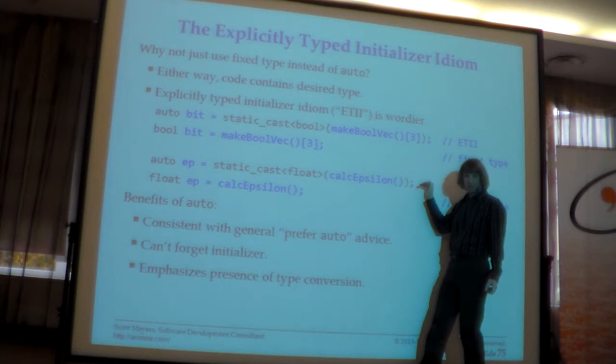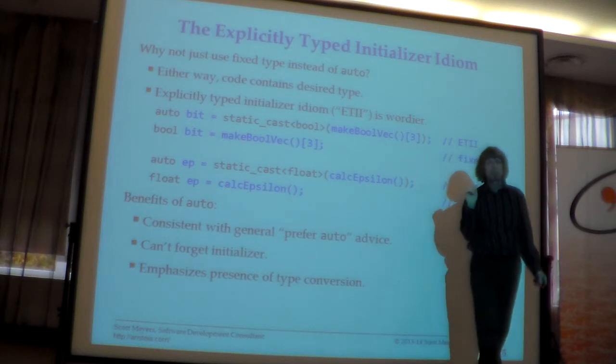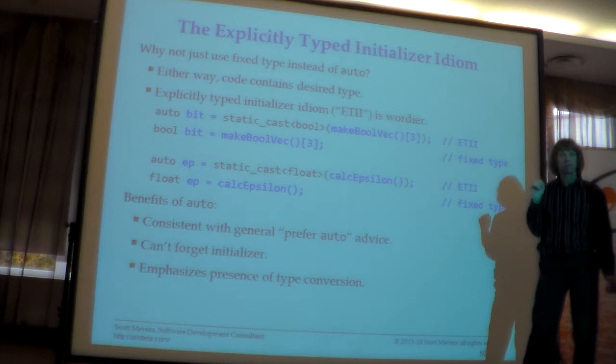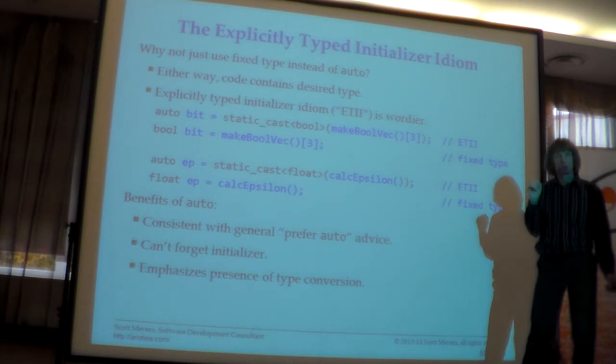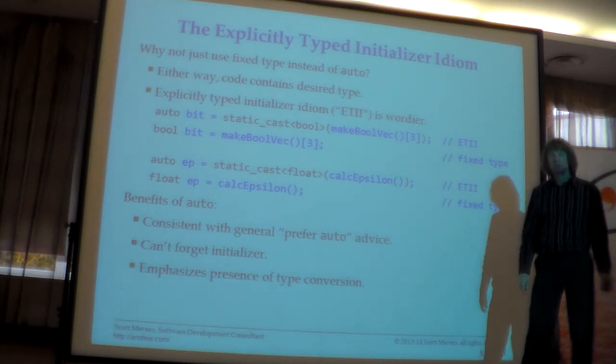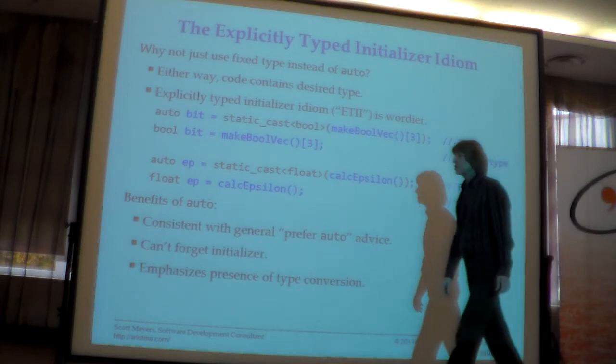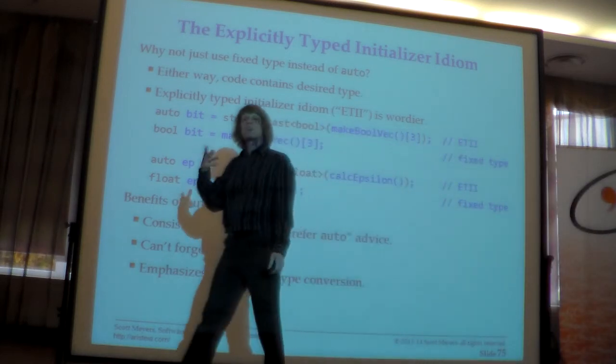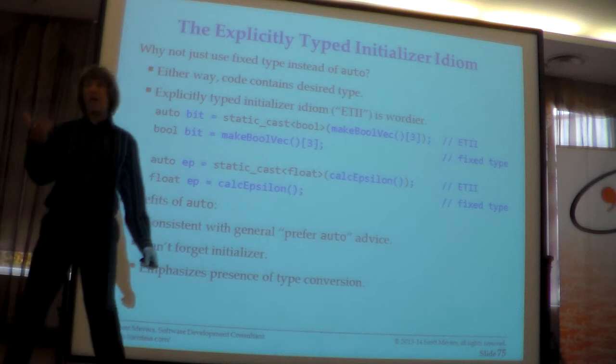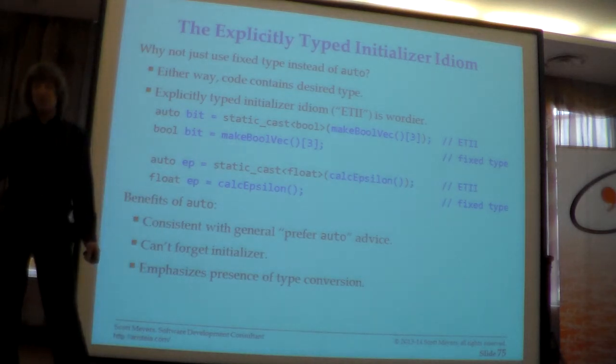Okay, another question. The benefit of always preferring auto, how does it work with all the magic tools that would analyze the code, both when you write an IDE or static analyzers? Okay, so the question is, is there some kind of interaction between auto and, for example, static analysis tools or IDEs?